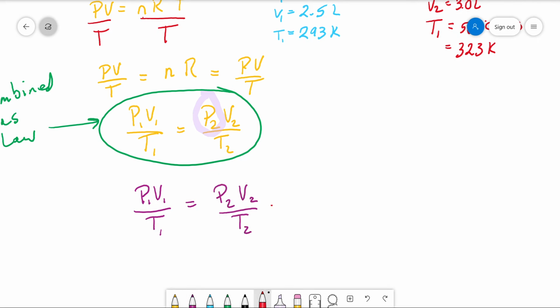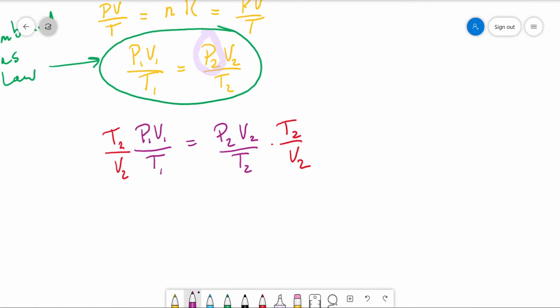And now multiply by T2 over V2. So I find that P2 is equal to T2 P1 V1 over V2 T1. Yeah, it does get a little confusing. You gotta remember to plug everything in the right spot, but you can do it.